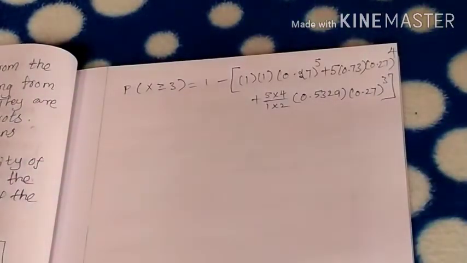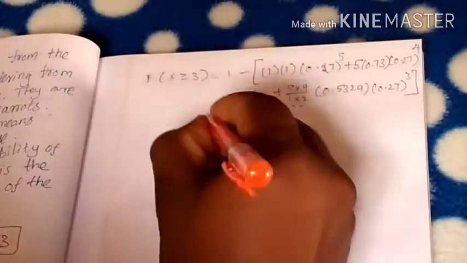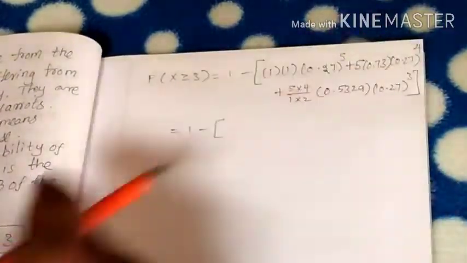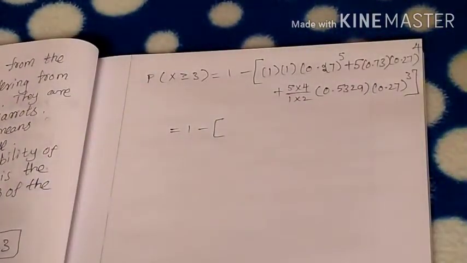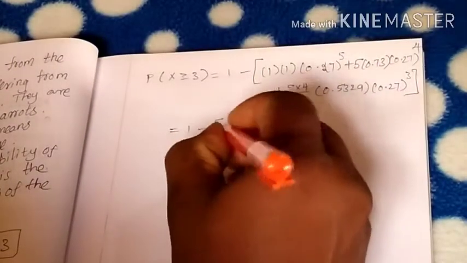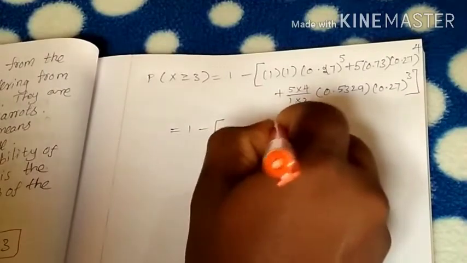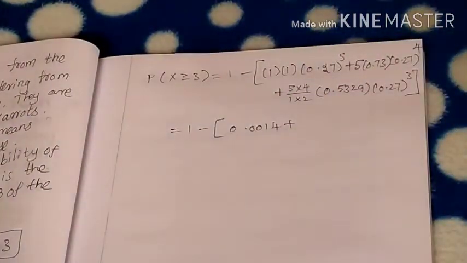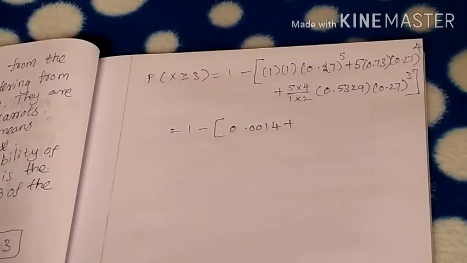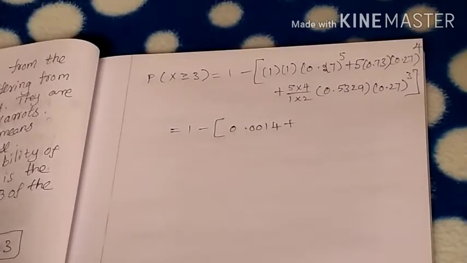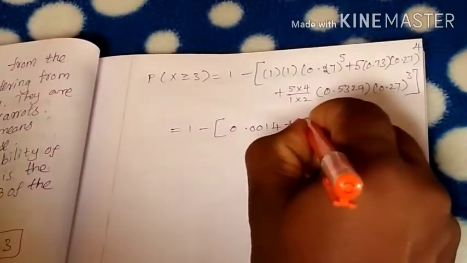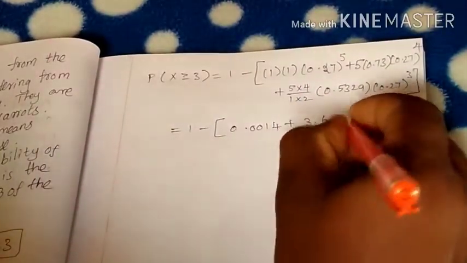Okay, that's all. Next, which is equal to 1 minus 1 into 1, then 0.27 power 5, which is equal to 0.0014, plus the product of the first two values, 5 into 0.73, which is equal to 3.65.